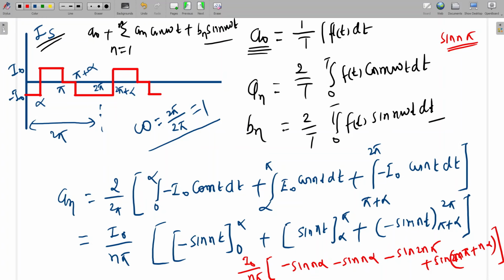Can anyone tell what will be this value for odd harmonics 1, 3, 5? What will be the final expression? Can anyone simplify this one? See, this is 2n pi. It will be for n equal to 1. What will be this value? This will be 0 for all values of n.